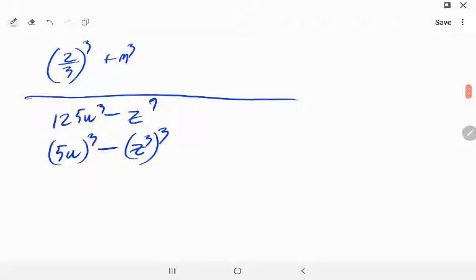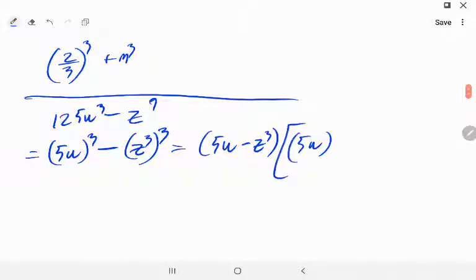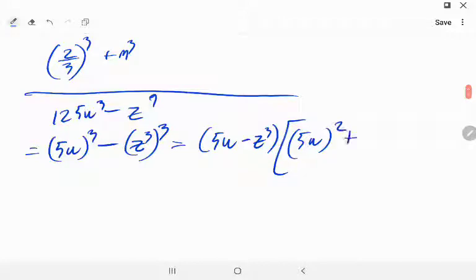And so we're going to get the quantity 5w minus z cubed times the quantity, let's actually use brackets now, we're going to get that quantity 5w being squared plus 5w times z cubed plus z cubed getting squared.